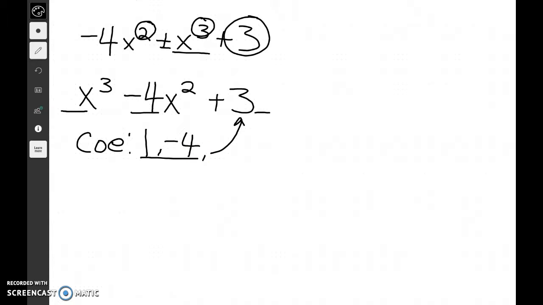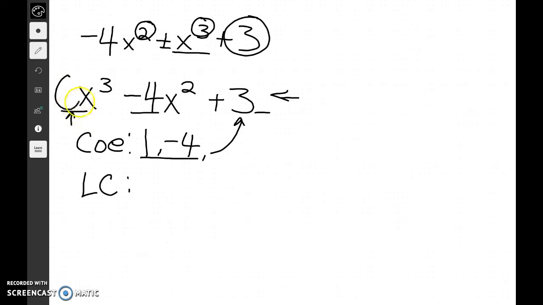The last thing they talk about is the leading coefficient. Now this is very simple. I'm going to abbreviate it LC. The leading coefficient is the first coefficient once you have it written in standard form. We know that this is written in standard form, so for the very first coefficient, we would go back to the very beginning, which is right here, and look to see what the coefficient is there.